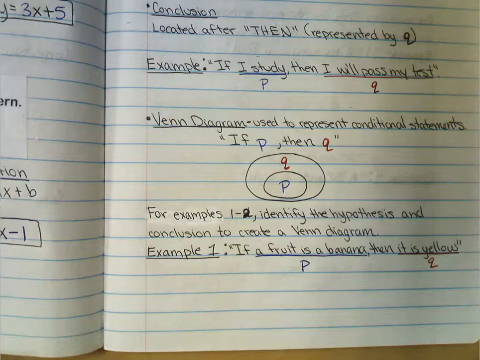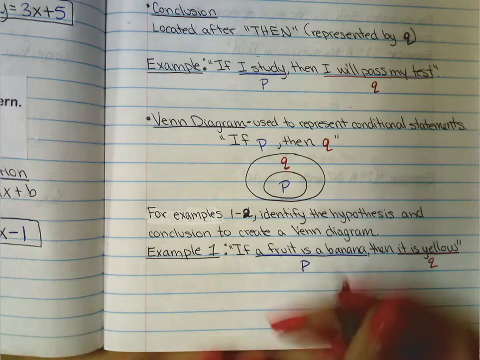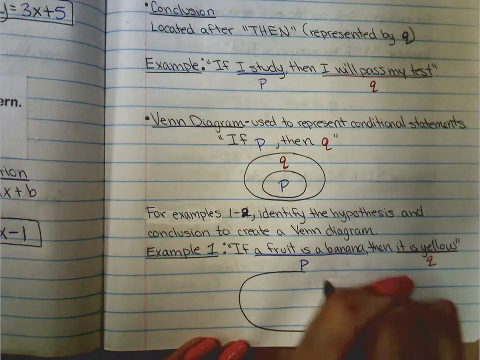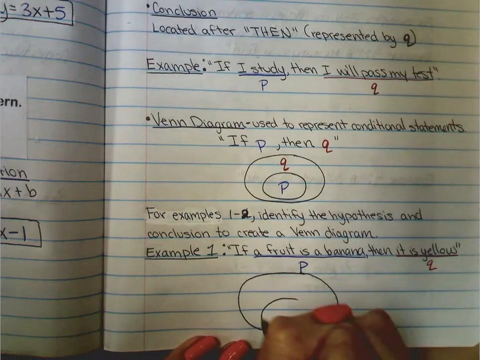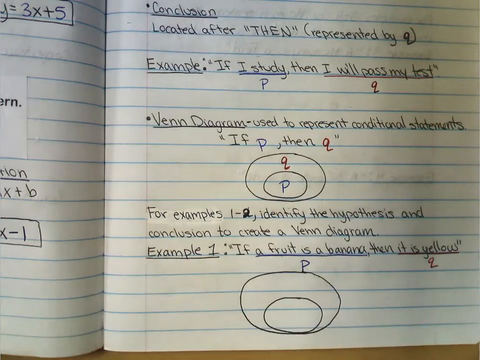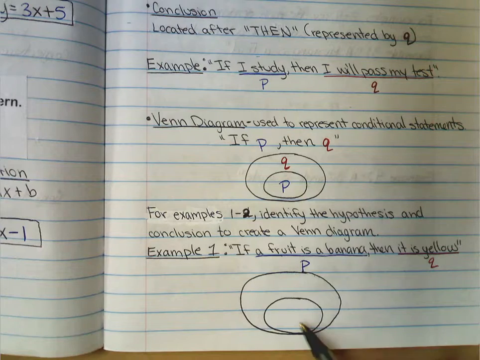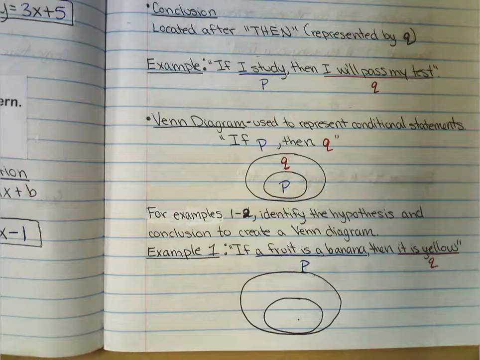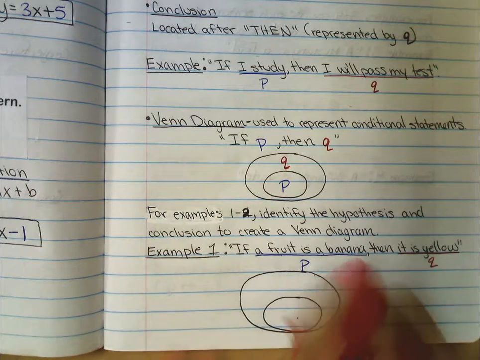So for the Venn diagrams, you're going to have a circle and then a smaller circle inside. So again, on the inner circle, I'm going to put my hypothesis. So if it's a banana, I'm just going to put banana inside.